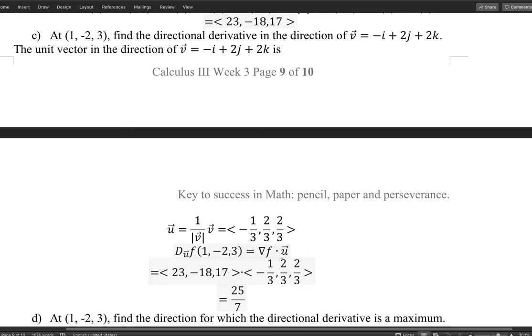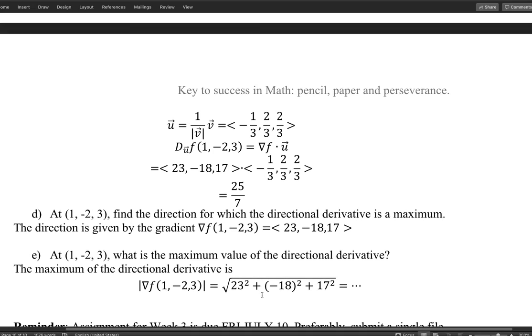We could have different vectors pointing to the same direction, and if you use any vector, the directional derivative would be different. That's not possible. So I hope this explains why we spend time to work on unit vectors. In the calculation of the directional derivative, we do need to have a unit vector. And so this is the directional derivative I just calculated.